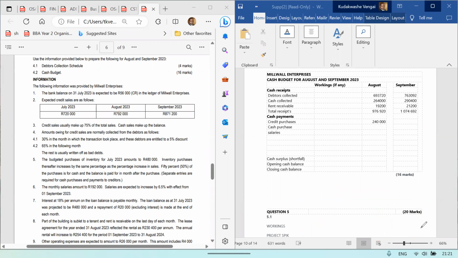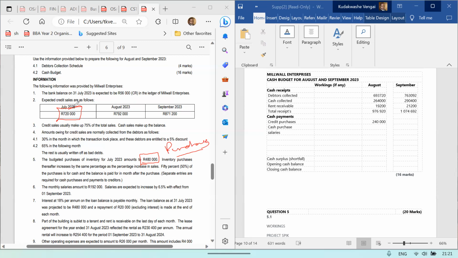Okay, so we have the purchases of 480,000 and the sales for July of 720,000.